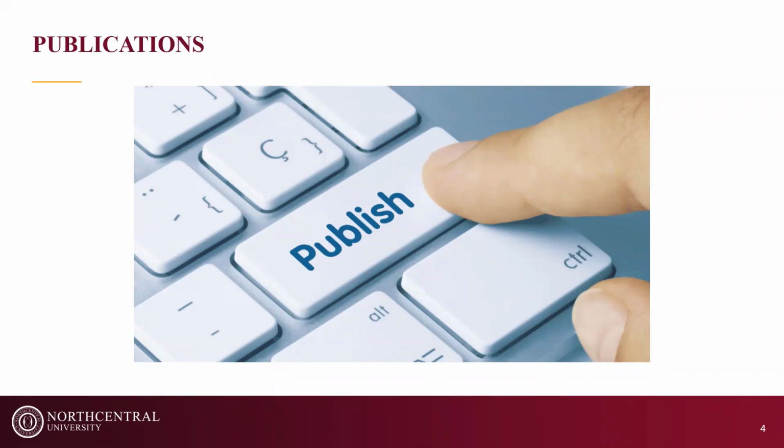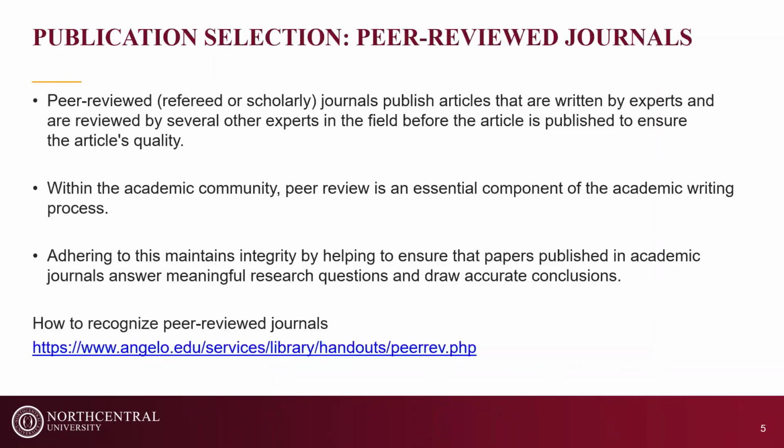So how do we do this? Let's take a closer look. Let's start off by looking at publishing in peer-reviewed journals, which is the ultimate. Peer-reviewed are often called refereed or scholarly journals. And these journals are written and managed by experts and are reviewed by several other experts in the field before an article is actually accepted.